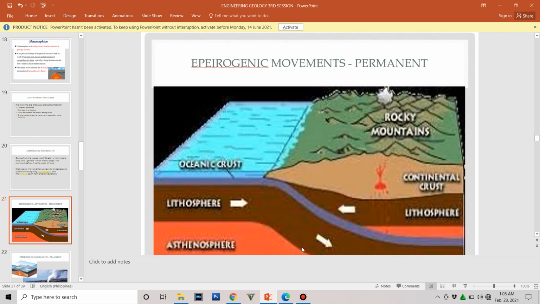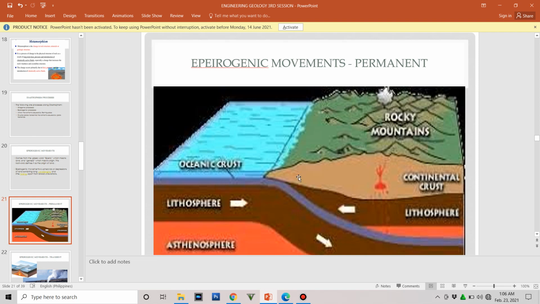Transient. So permanent uplift can occur when igneous material is injected into the crust. Okay? So we have circular or elliptical structural uplift, ano?